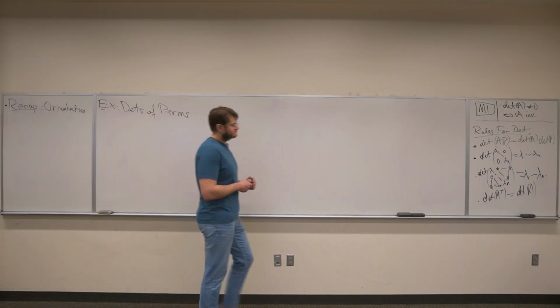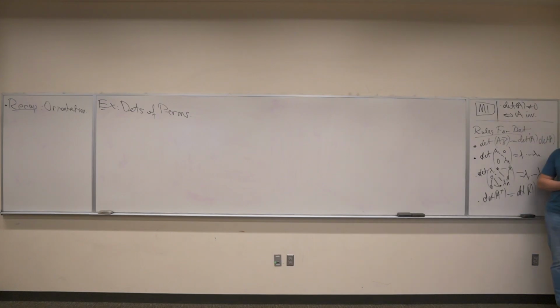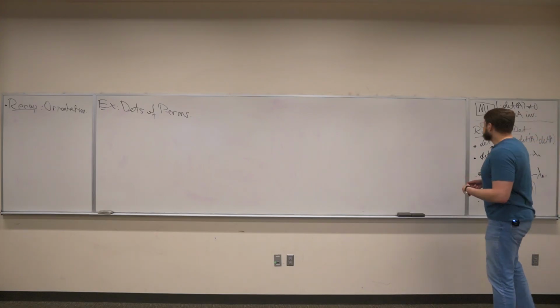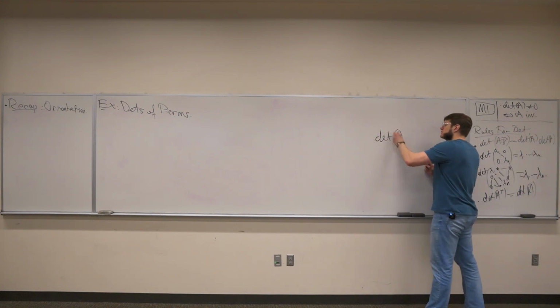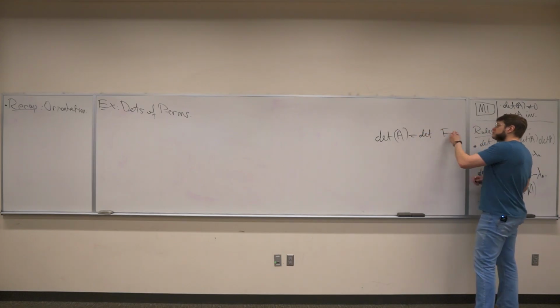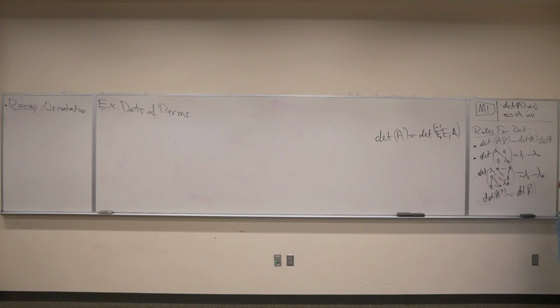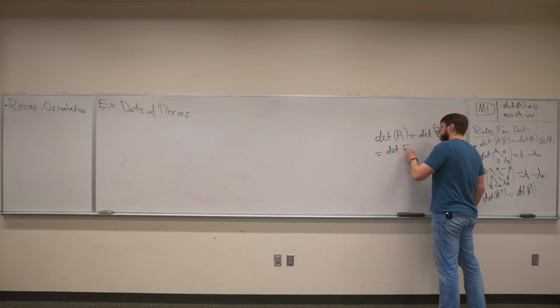Ultimately, the idea is, well, we're going to start with a matrix. We know at this stage that row reduction corresponds to applying certain matrices from the left, just left multiply. If that is the case, we can start with an A, say you're trying to compute the determinant of A, then you're going to apply a row operation. One of these, E1. These are all invertible, so you can think of it as E1 inverse E1 A, and then you're going to split it like this.